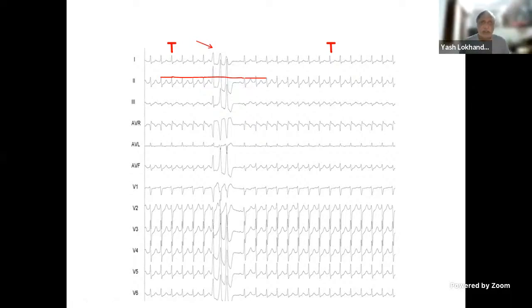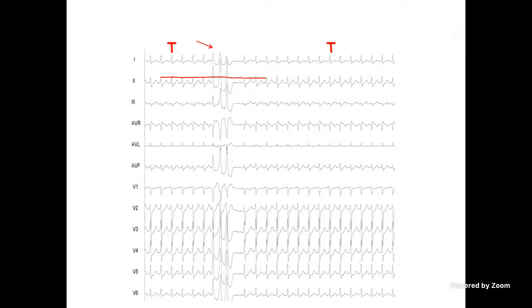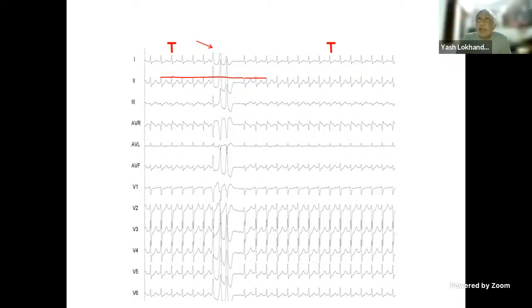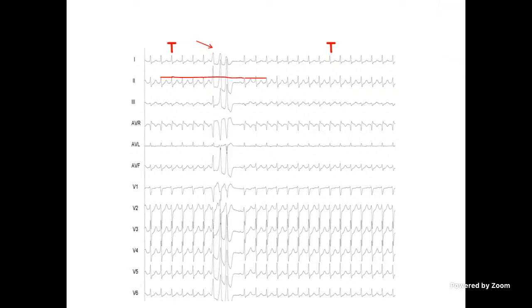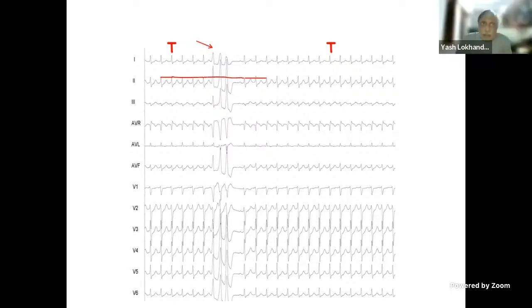What are the types of tachycardias that start spontaneously without any premature beats? Which type of atrial tachycardia? Which mechanism? Reentrant mechanism? Focal. Focal, but focal reentry or focal automaticity?